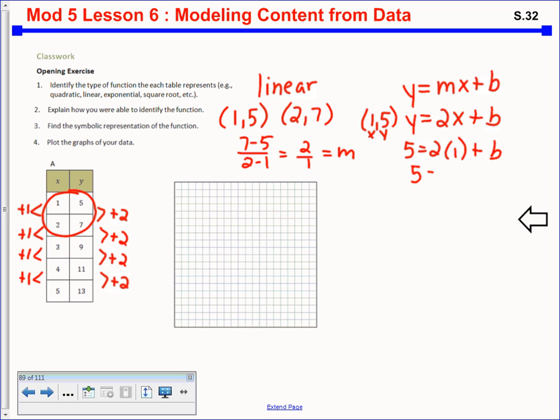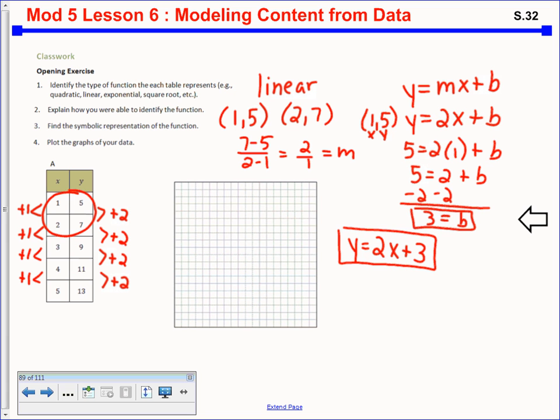So we should know how to do this manually. And I get b to equal 3. So my slope is 2, and my y-intercept is 3. And that should be the equation of my line: y = 2x + 3.